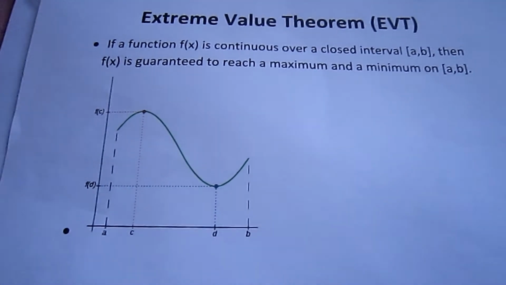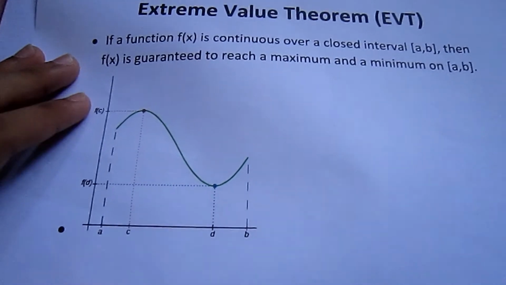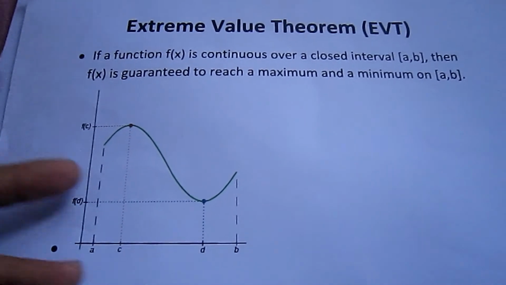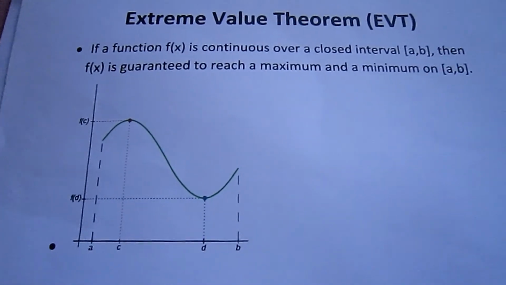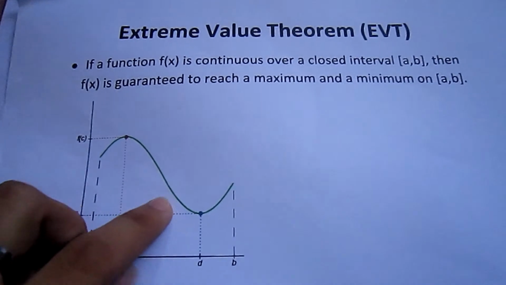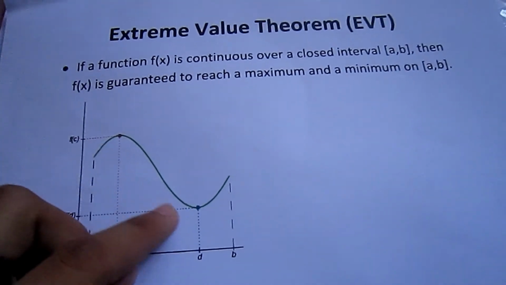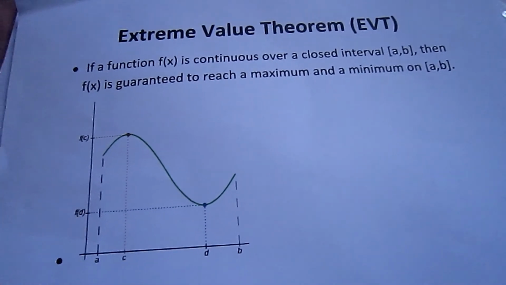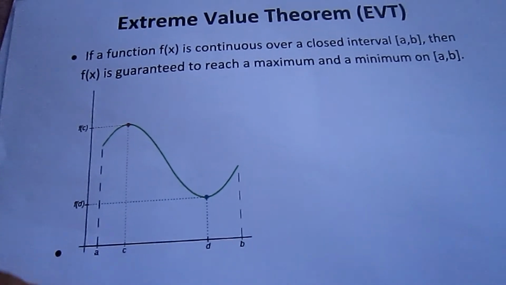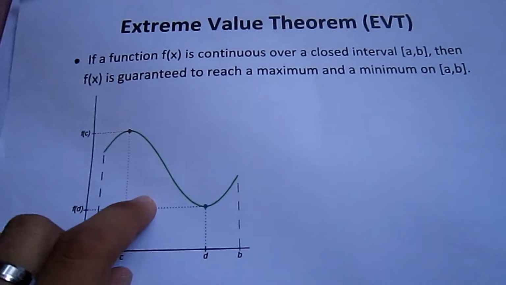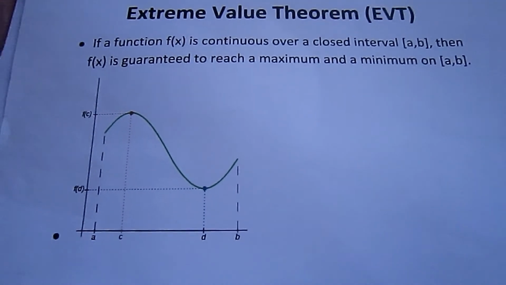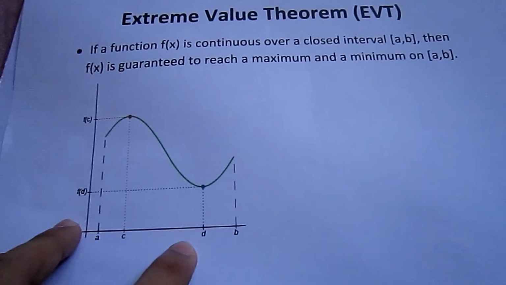So, for example, let this graph show, in a real life situation, the sales of a particular company. As we can see, it moves up, then down. So, on this closed interval, it must be continuous. So, it cannot have holes on its graph. Your profit cannot have holes in it. So it must be continuous.